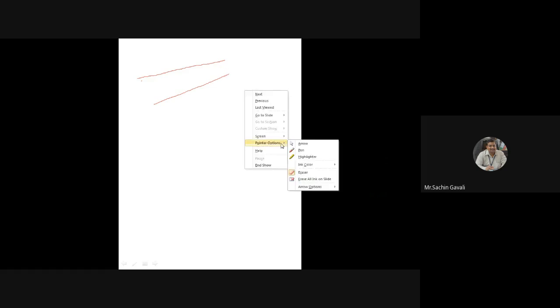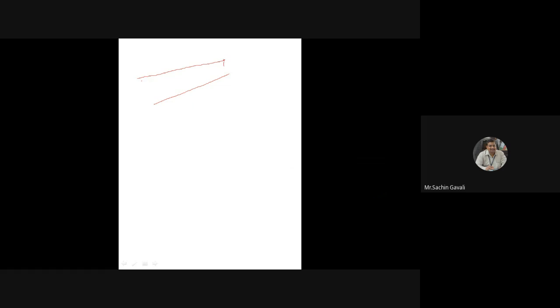At cross section 1 the pipe is 20 centimeter and at section 2 the pipe is 10 centimeter in diameter. If we draw a picture, it will be easy to understand. So this kind of taper pipe we consider.